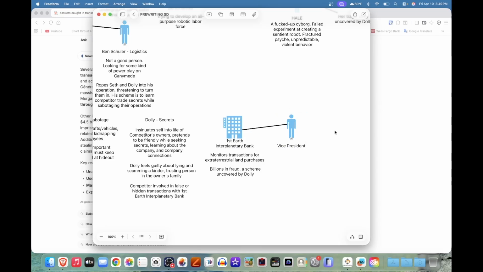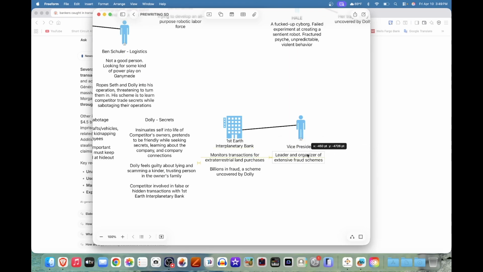Vice president, and he's leader and organizer of extensive fraud schemes.